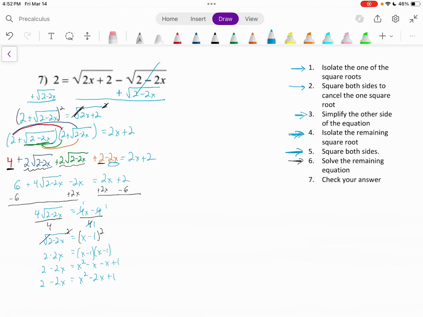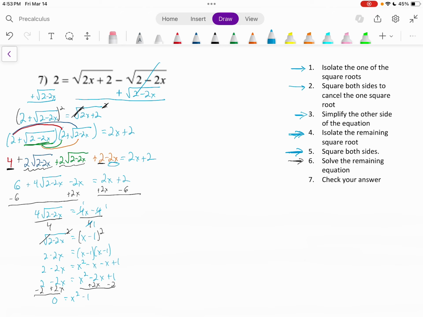Looking at this, we realize we have a quadratic equation, which when we solve, we want to get everything on one side and set the other side equal to 0. So we'll subtract 2 from both sides and add 2x to both sides. This gives us 0 on the left, x squared minus 1 on the right.